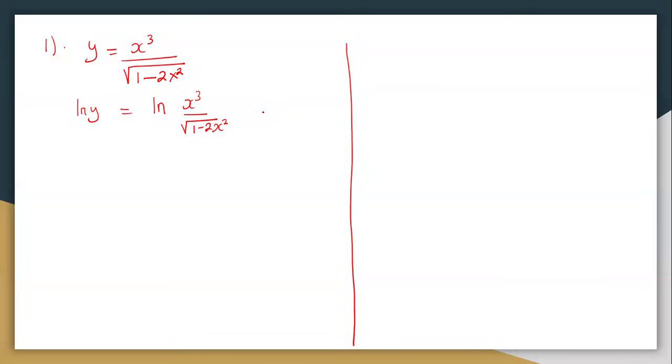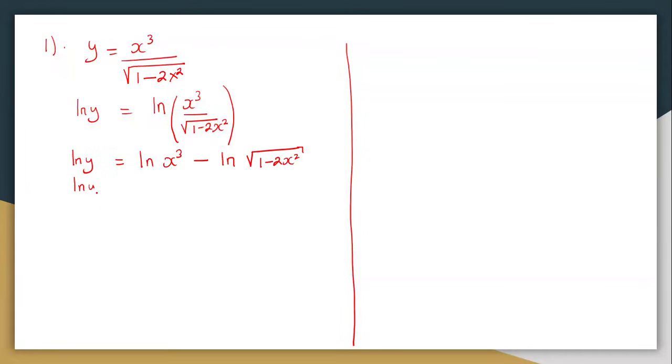Like I told you, natural log is the same thing as having your logarithms. For your logarithms, we can break this further into the natural log of x cubed minus the natural log of the root of 1 minus 2x squared, because you know that in logarithms, a division is the same as a subtraction. Now we can simplify it further.